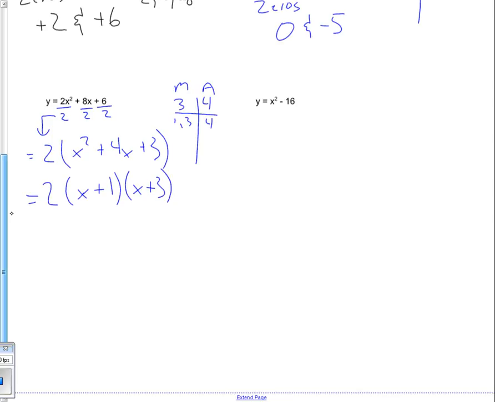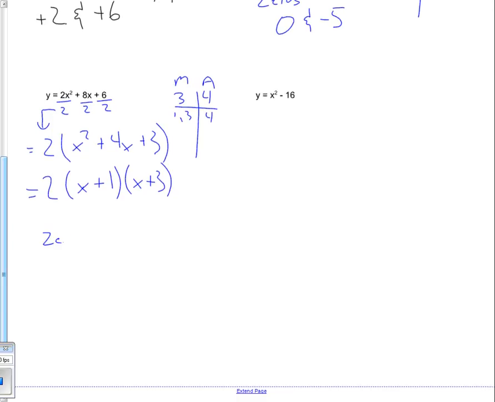Okay. Now, if I want to figure out what the zeros are, it's actually going to be negative 1 and negative 3. Okay, so again, the opposite of what's in here. Okay, so negative 1 plus 1 would give me 0. Negative 3 plus 3 would give me 0. Therefore, negative 1 and negative 3 are the zeros.